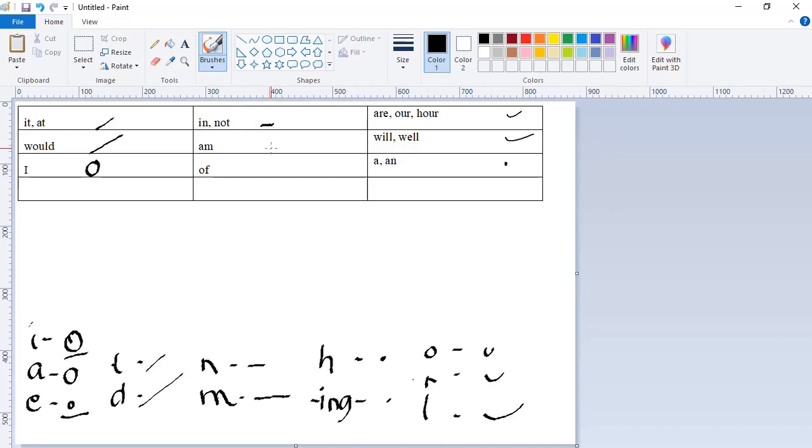In or not have the same strokes. Now next, is represented by your M stroke. Of is represented by your soft O stroke. Our is represented by your R stroke. Will and well is represented by your L stroke, and A and an are represented by your period.